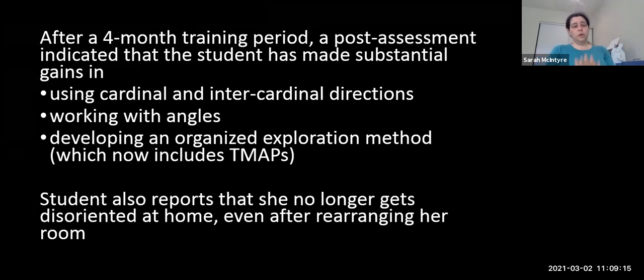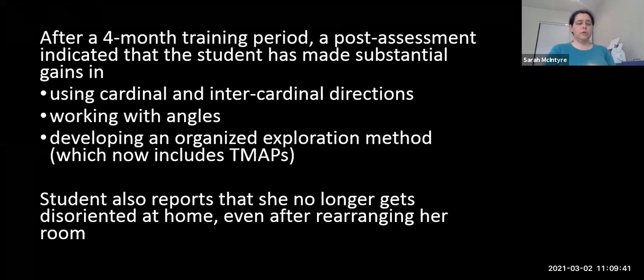So, once we finished, after about 4 months, which included the geometry work, the cardinal directions, and the first set of Tmaps, I did a post-assessment and indicated that she had made substantial gains using cardinal and intercardinal directions, working with angles, and having an organized exploration method that now includes Tmaps.